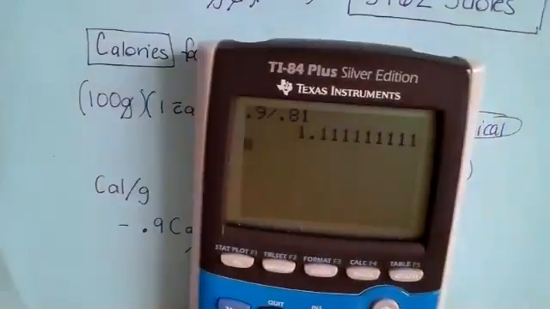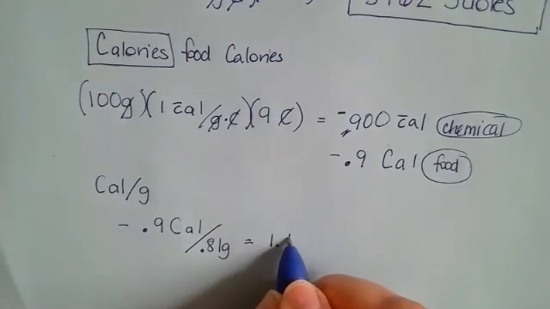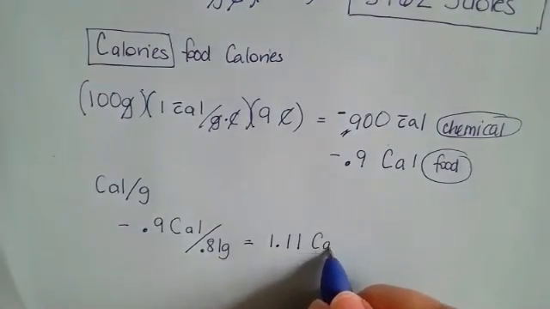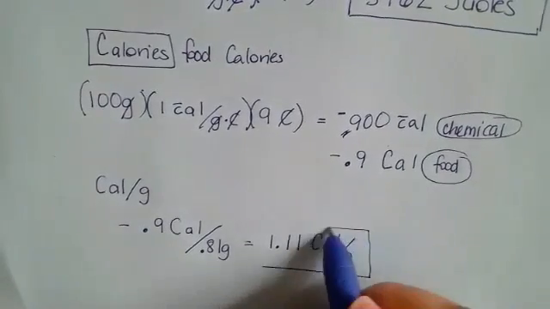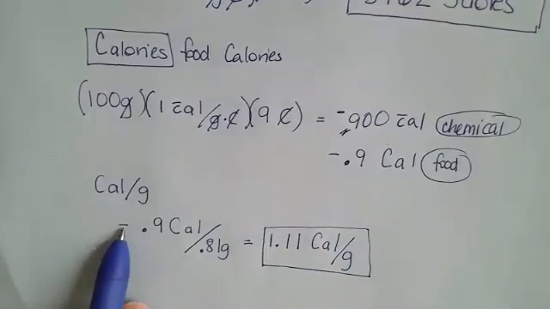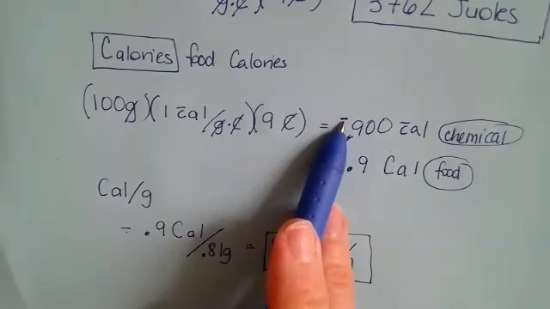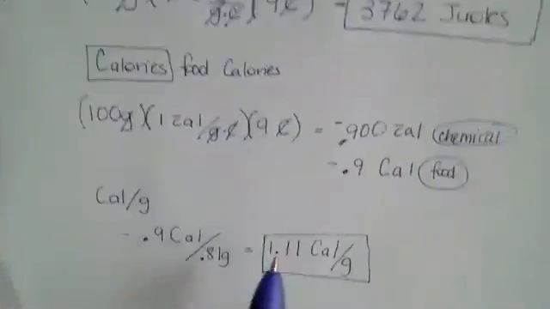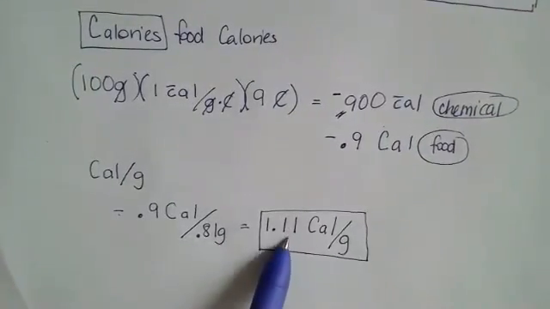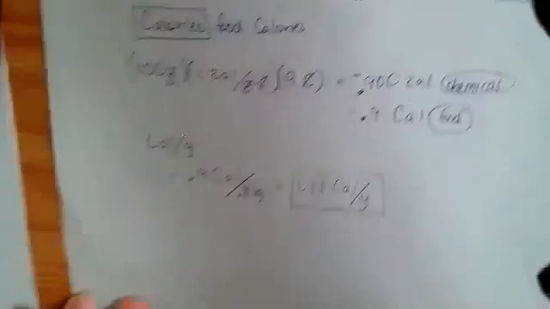I'm sorry, that was kind of fast. 1.11111 repeating. So I'll just put 1.11 calories per gram. And again, regarding that negative value, that's just indicating a release from the actual item that we burned, in this case, the marshmallow. So we don't actually need the negative value when we're doing calories per gram, because we're going to be using that to compare to the actual.